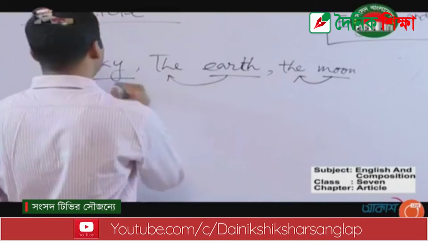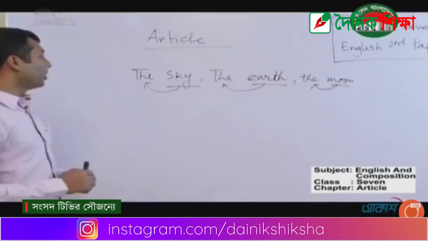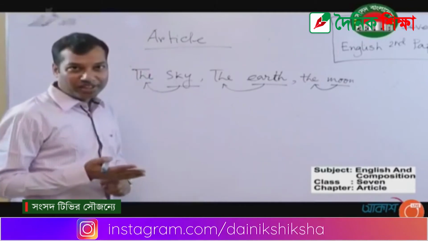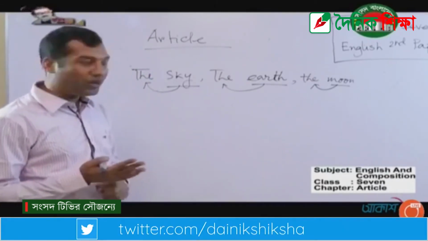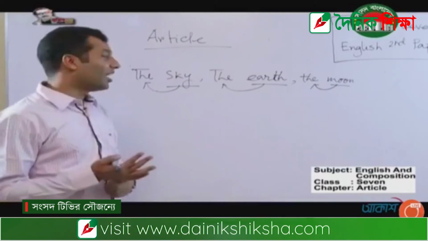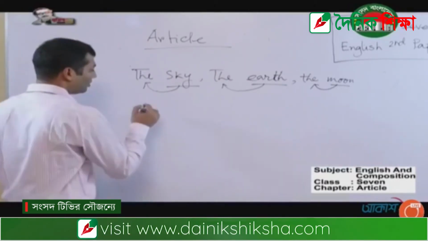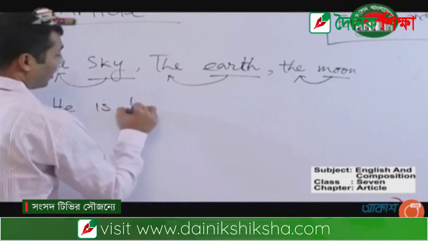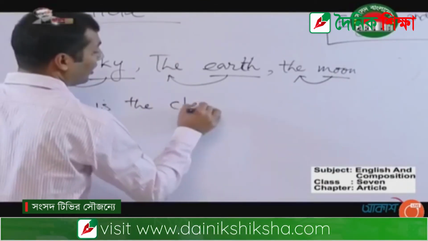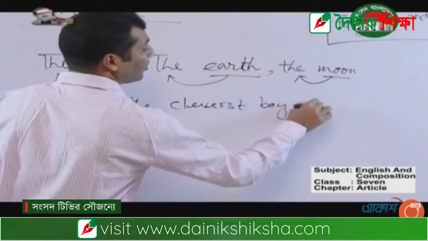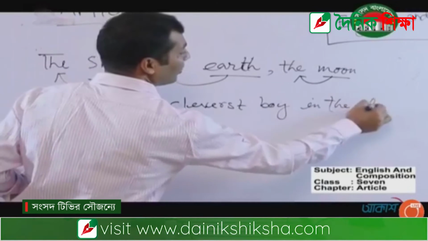You know that degrees are of three kinds: positive degree, comparative degree and superlative degree. So the superlative degree always takes the article "the" before it. For example, he is the cleverest boy in the class.